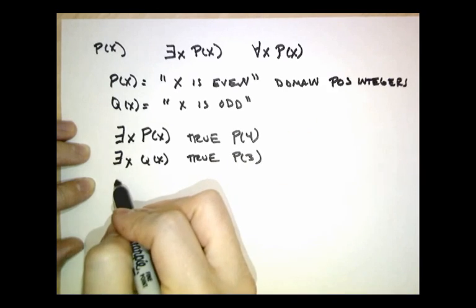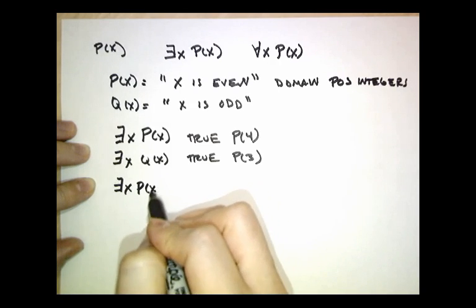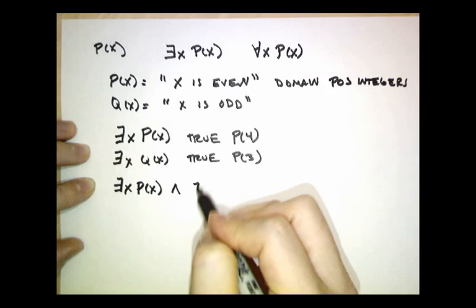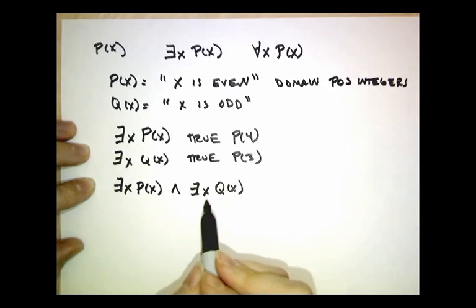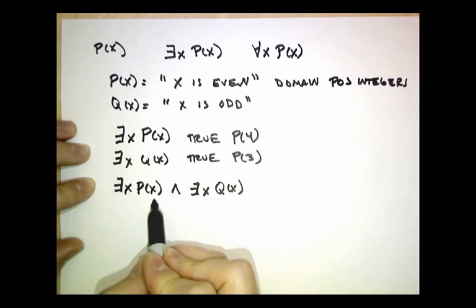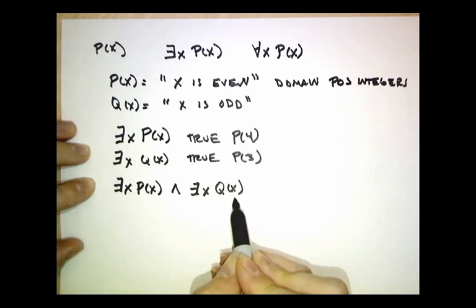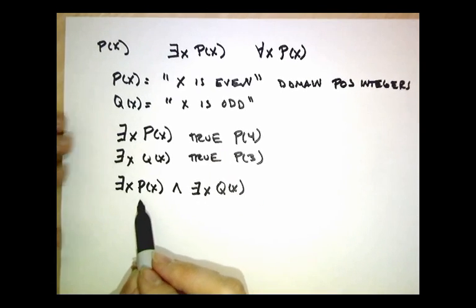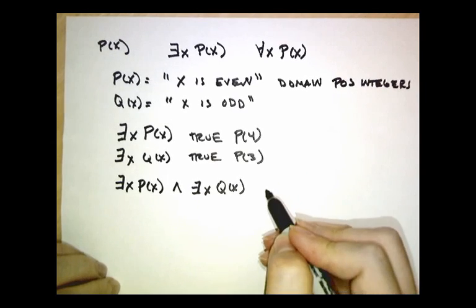What about there exists an x, p of x, and there exists an x, q of x? Well, this is true. There exists an x, p of x is true, and there exists x, q of x is true. And as we saw last time when we were dealing with Boolean formulas, true and true is true, so this is true.